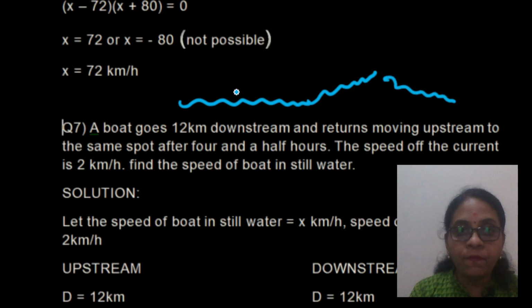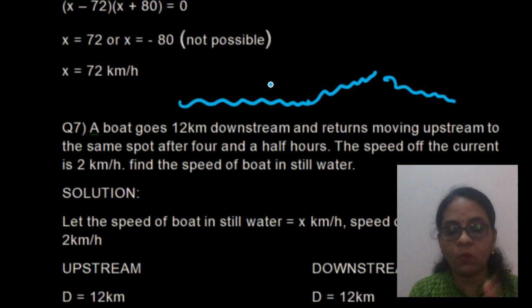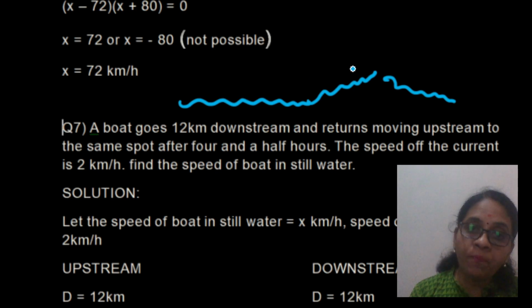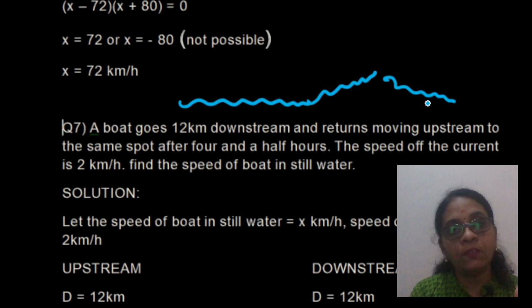So if you are traveling on a boat in a current of water, that is in a stream of water or flowing water, whatever it is, when you go up, especially if you are rowing your boat mechanically, that is if you are using hand and an oar to row a boat, then the speed when you go up the stream will be less and the speed when you come down the stream will be more.